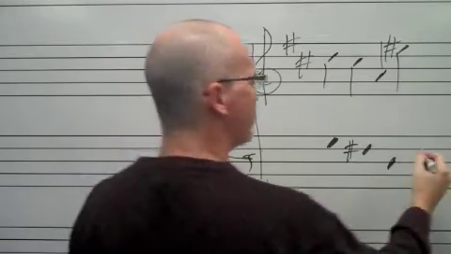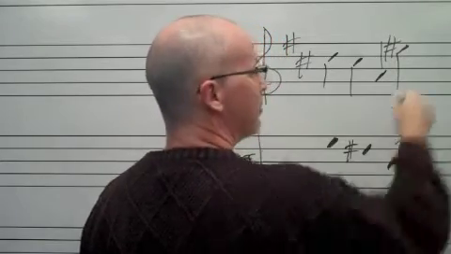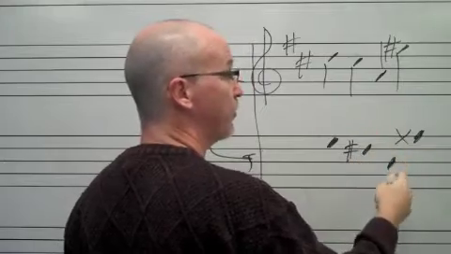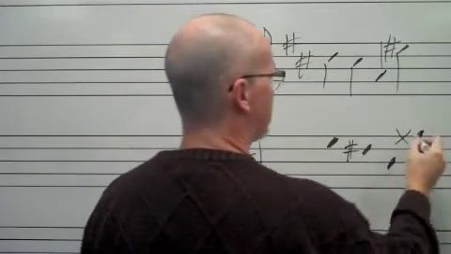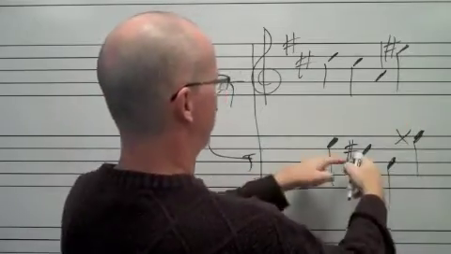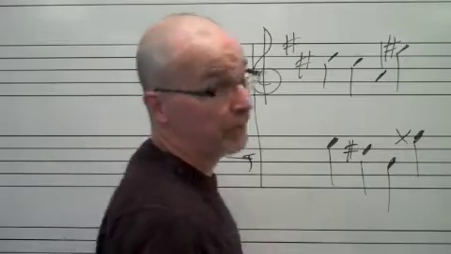No, higher than that, F double sharp, because it's a whole major second. Remember that E sharp is the same sound as F, so up a whole step from F would be F double sharp. Gosh, kind of complicated. Looks different. There's a sharp in this one, there wasn't a sharp there.